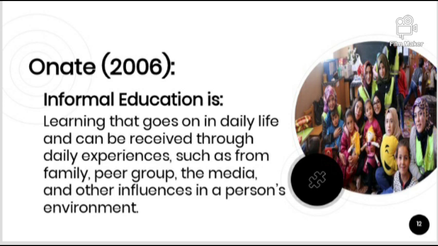He said that informal education is learning that goes on in daily life and can be received through daily experiences, such as from family, peer group, the media, and other influences in a person's environment. So, what is going on around us? This is informal education. We can learn from family, from friends, from TV, from computers, from the internet, from different media. Okay, so this is informal education.